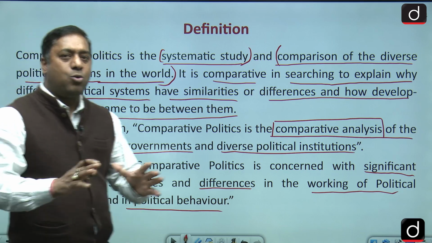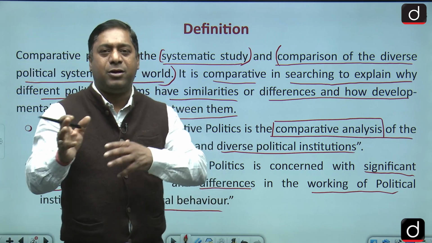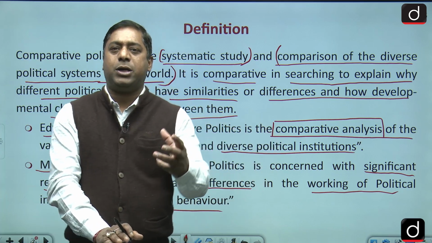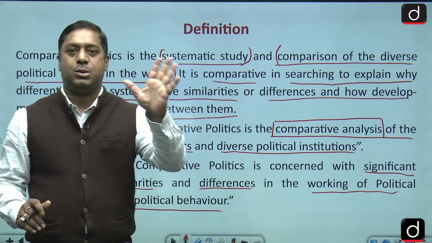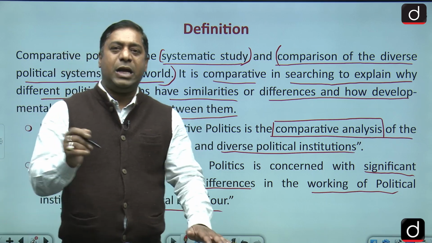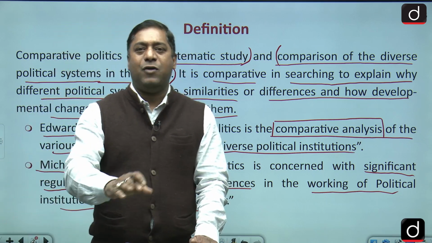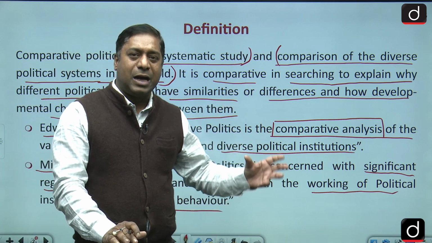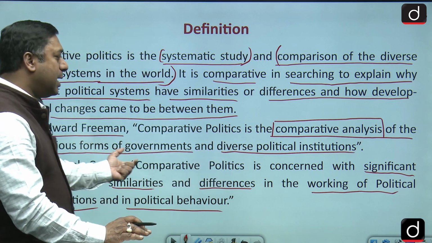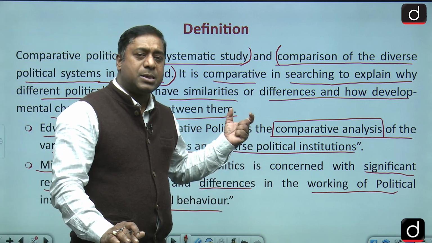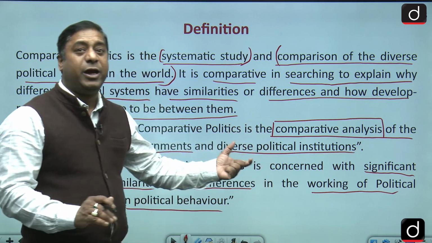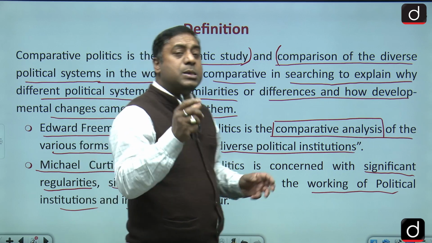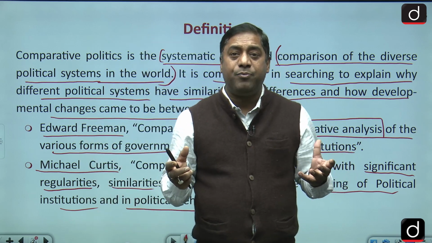That means Curtis says something different from Freeman. Freeman says comparative politics is comparative analysis of various forms of government and diverse political institutions. But when it comes to Curtis, Curtis says that it is concerned with significant regularities. Significant means very important.